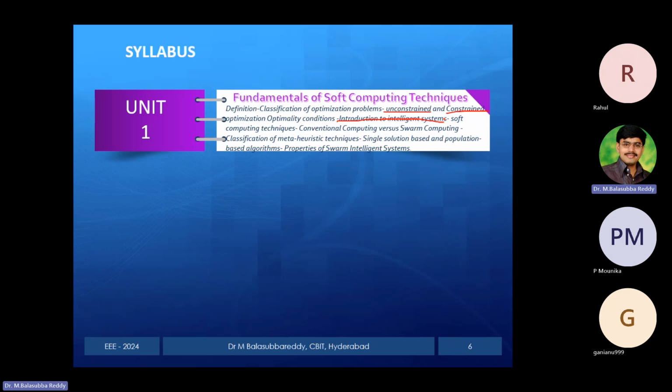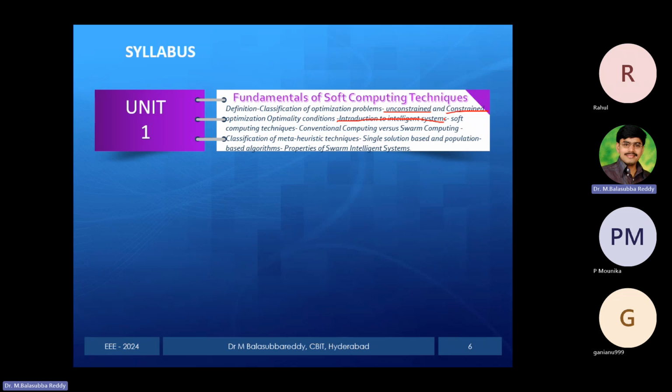This is another name for evolutionary algorithms. We also call them soft computing techniques. It means there is a hard computing technique and a soft computing technique also. We need to compare these two. We can say conventional computation versus swarm computing, which are also called soft computing techniques.